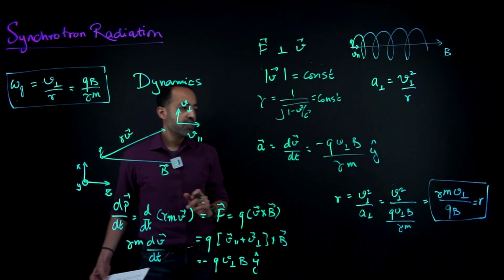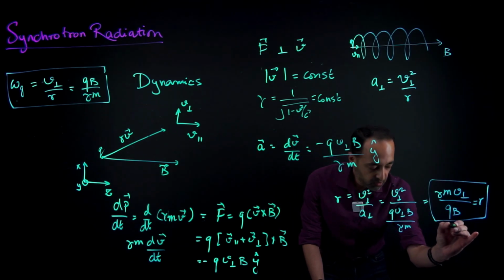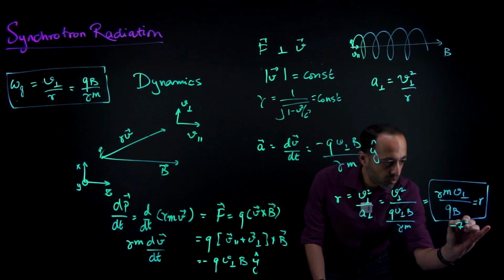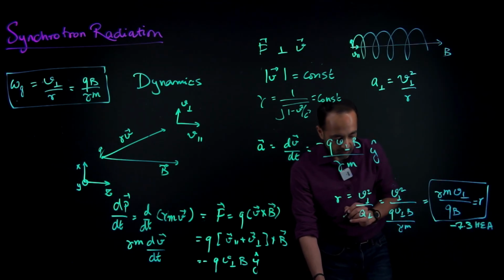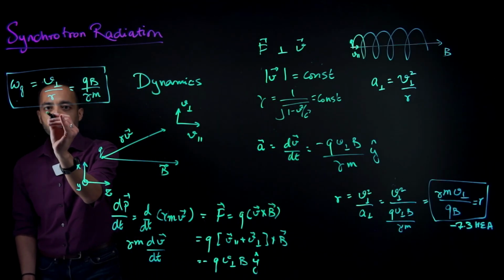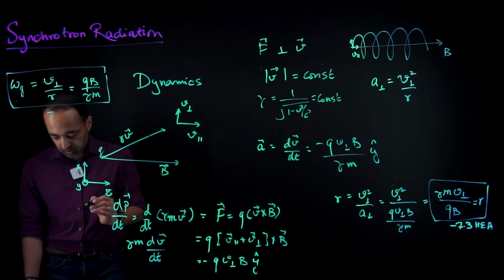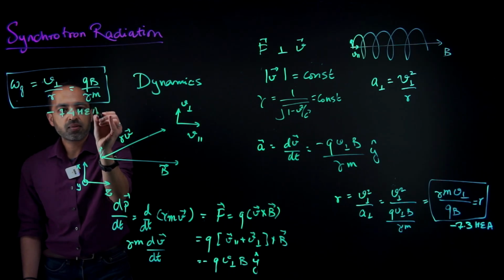All right, for some references, this equation that I wrote down for the Larmor radius is equation 7.3 of High Energy Astrophysics. And this equation that I wrote down for the angular gyro frequency is equation 7.4 of High Energy Astrophysics.